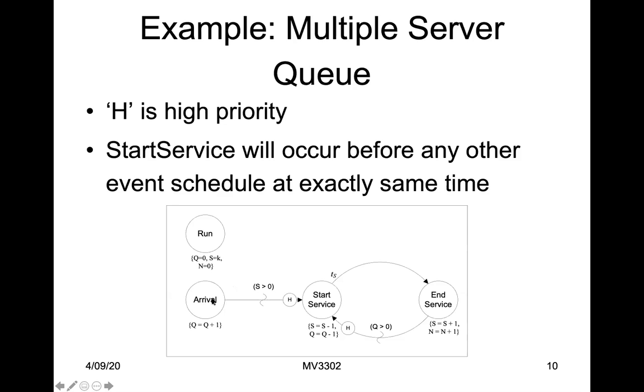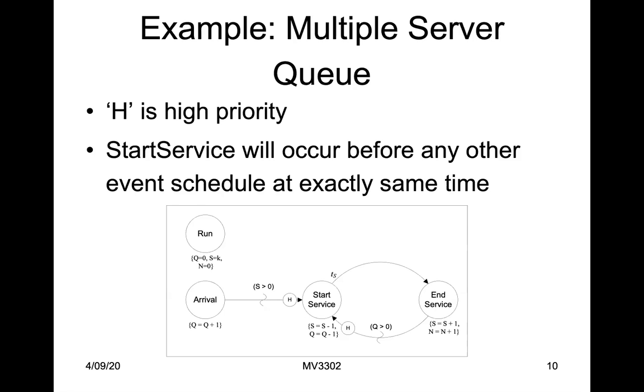And because the arrival event is scheduled first, it will occur first, and then schedule the start service next, so there's no need to worry about that. And likewise, the end service event, when it occurs, if there's somebody in the queue, will schedule the start service, but there's no issue, because the end service will always happen first, just because of the way it's scheduled.